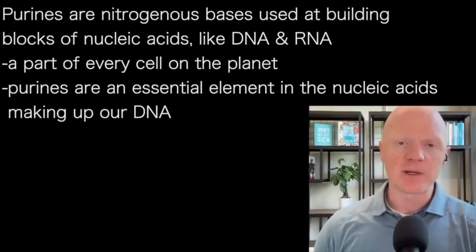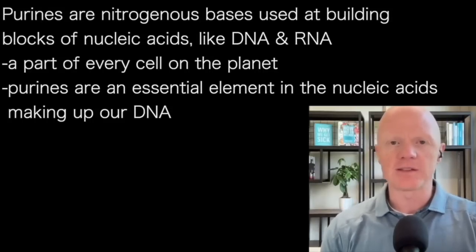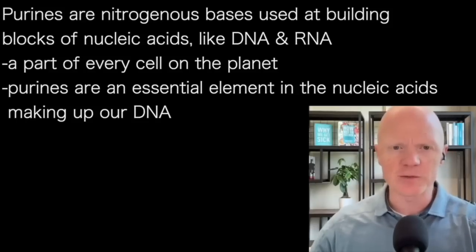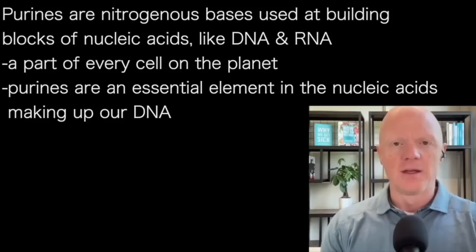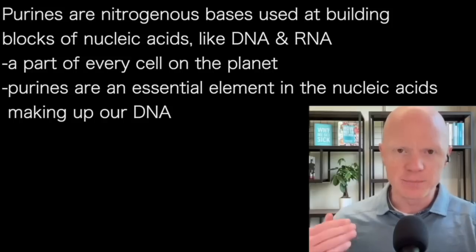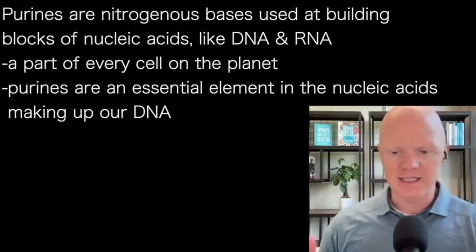I mentioned this right early on, describing the origins coming from the purines. So as I said, as a term of chemistry, pardon the terms getting a little technical. But purines are what's called nitrogenous bases that are used as the building blocks of nucleic acids like DNA and RNA. So, of course, you've heard of DNA.